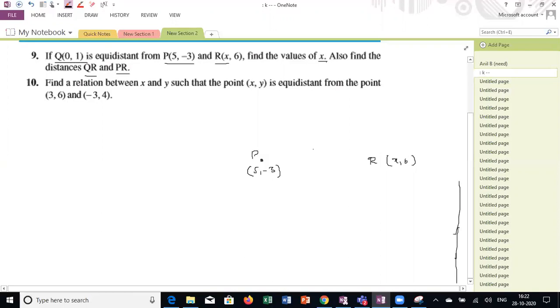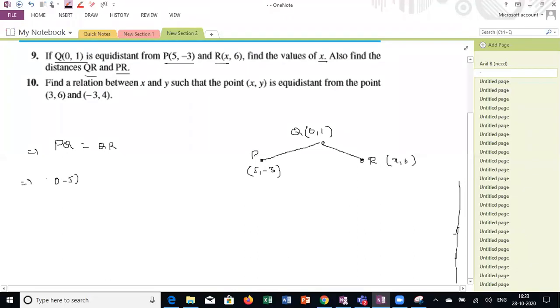There are n number of points which are equidistant that I can draw, but there is a point Q (0, 1) which is equidistant from P as well as R. So the length of PQ must be equal to the length of QR. So using the distance formula, calculate this.